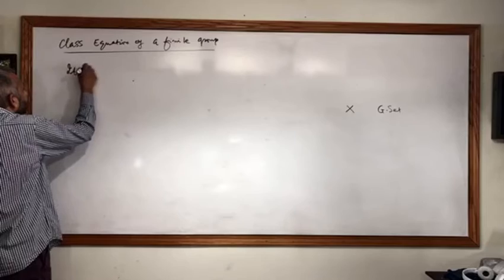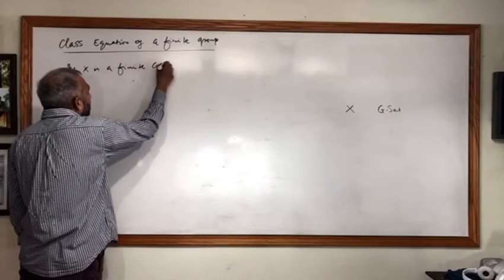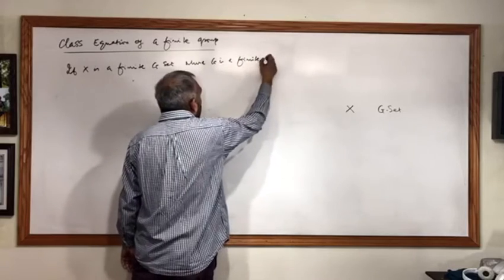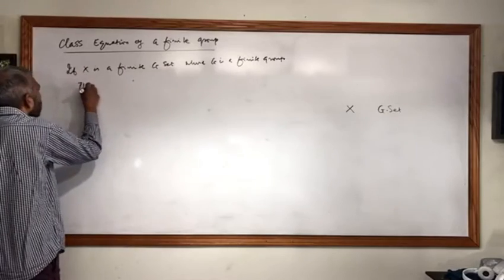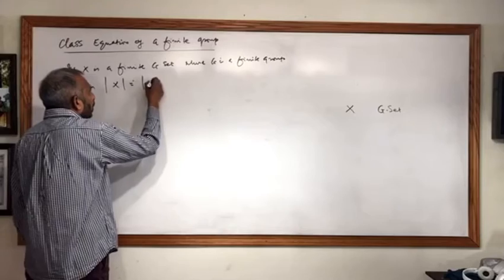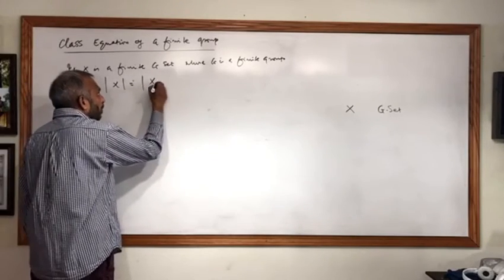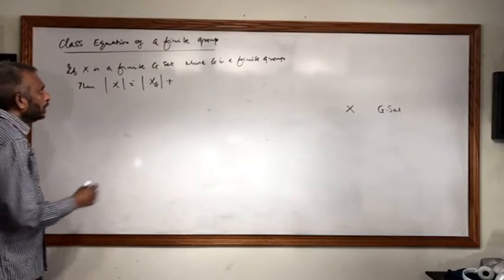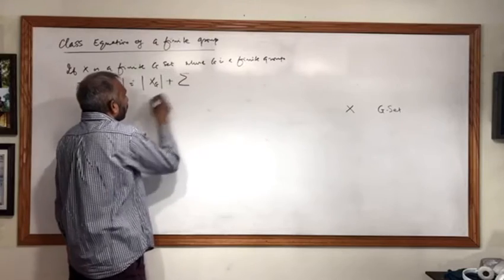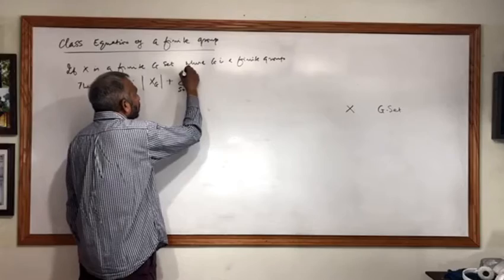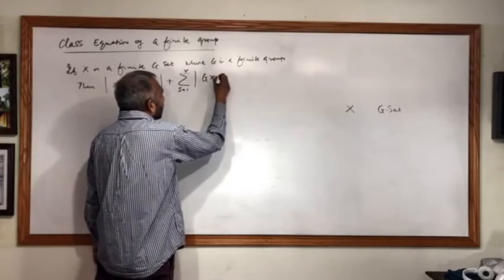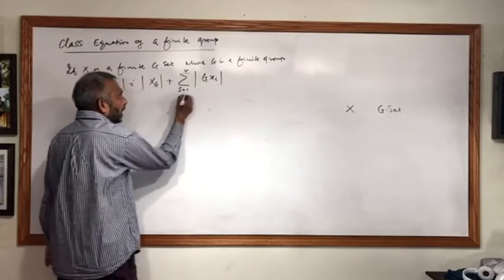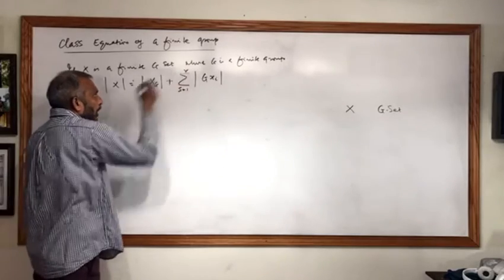We know that if X is a finite G-set where G is a finite group, then the order of X is equal to the number of one element orbits plus, if there are s number of one element orbits, the sum from s+1 to r of the order of GXi, where GXi is the orbit containing Xi, and r is the total number of orbits.